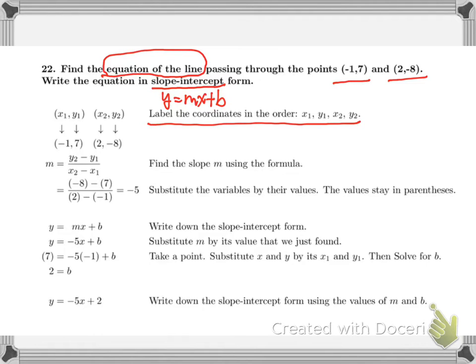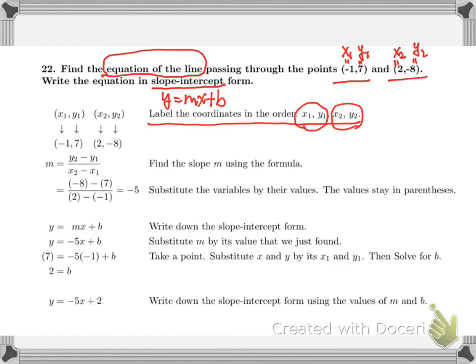Here the subscript means first point and then second point. So let's label them: x1, y1, x2, y2. The x part and y part for the first point are x1, y1. The x part and y part for the second point are x2, y2.